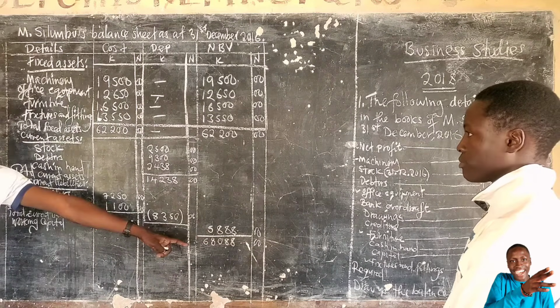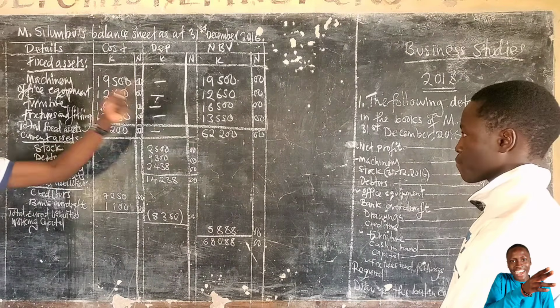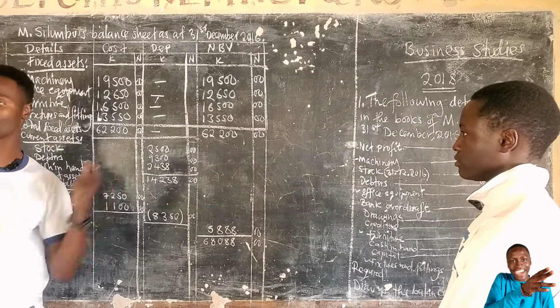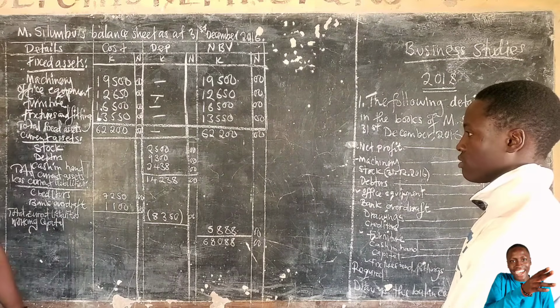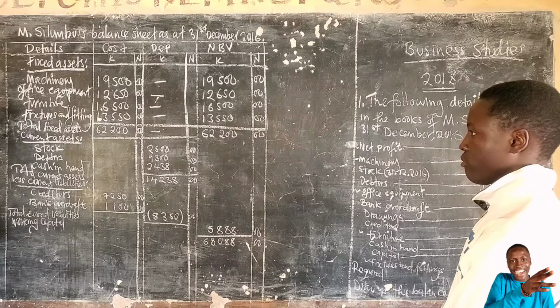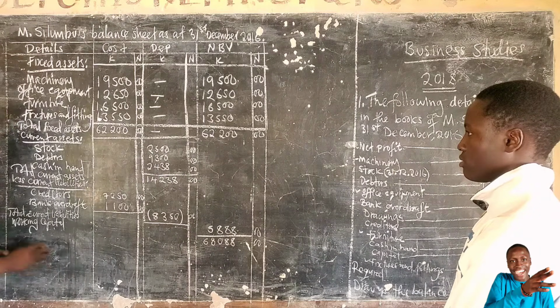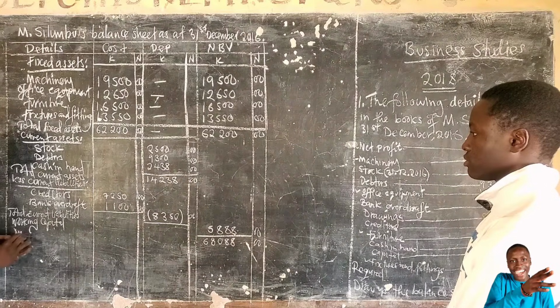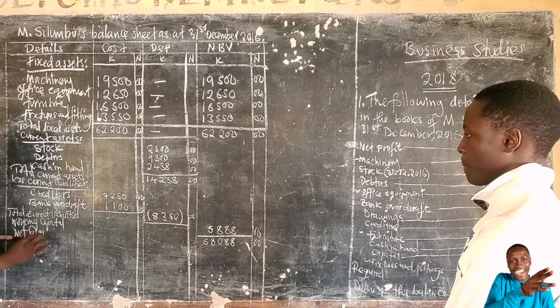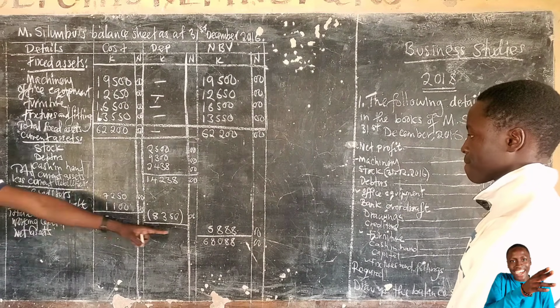What do you call that figure? The sum of total fixed assets and working capital. Net assets.